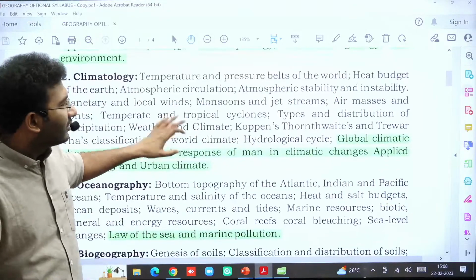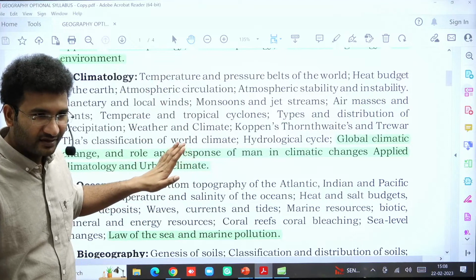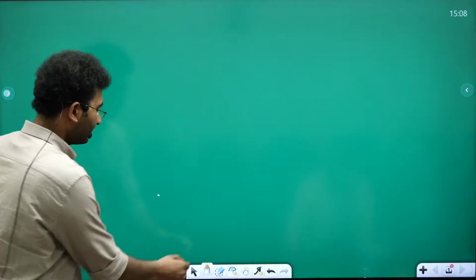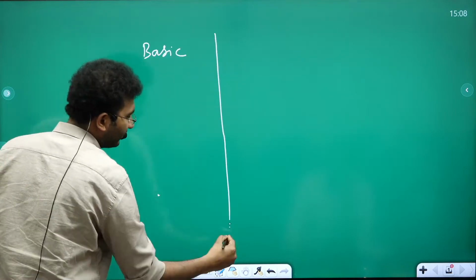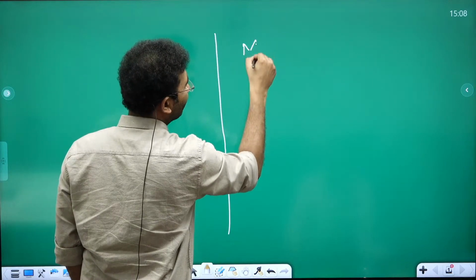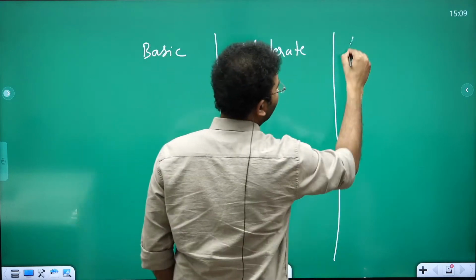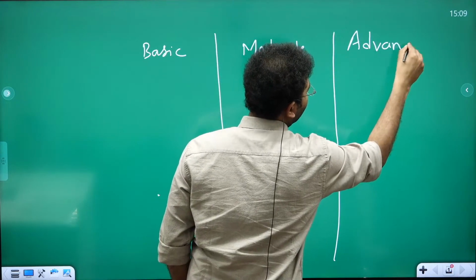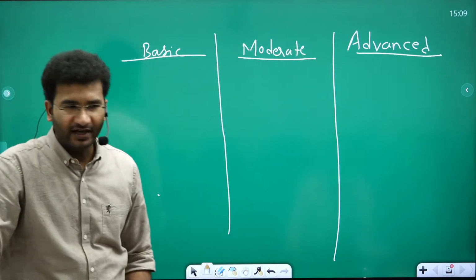See, now the entire syllabus can be divided into levels. Levels means there is a syllabus which is very, very basic. And then in this climatology, you have a moderate syllabus, and you also have an advanced one. These are the 3 broad categories you can divide.